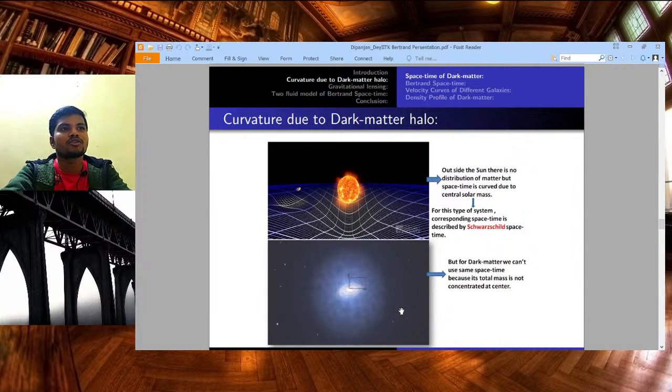The velocity must be constant. Outside the sun there is no distribution of matter, but space-time is curved due to the solar mass. For this type of system, the source is a star, but for dark matter we can't use the Schwarzschild space-time because its total mass is not concentrated at the center.